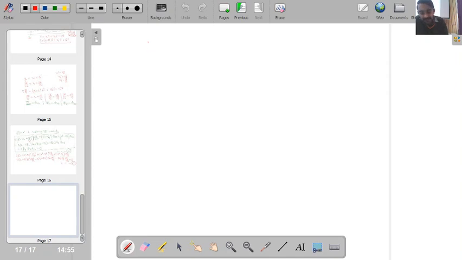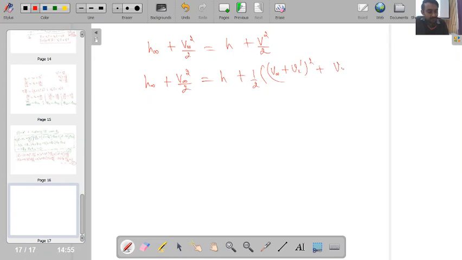The energy equation tells us that h infinity plus V infinity square by 2 is equal to h plus V square by 2. V square becomes V infinity plus Vx dash whole square plus Vy dash square plus Vz dash square.